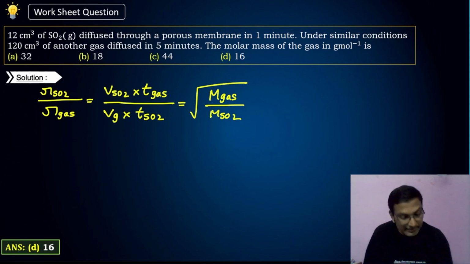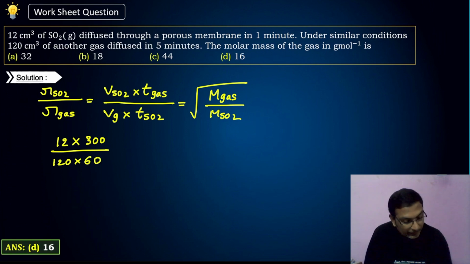Substitute the values. Here volume of SO2 12 into time must be in seconds, 300 seconds, 5 minutes is given. Next, volume of gas 120 into 1 minute is given, 60.